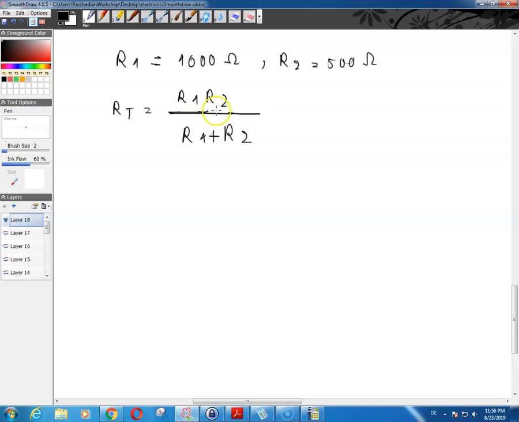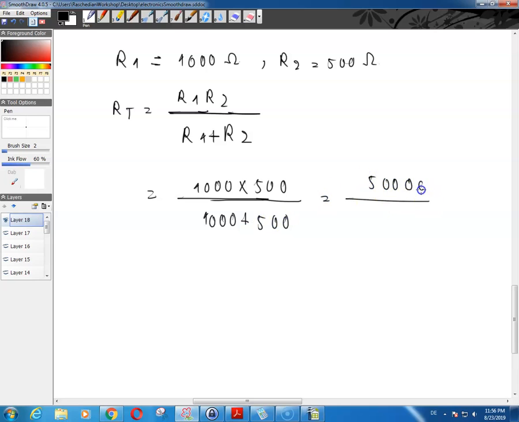Now in this case, you see these numbers are a little bit too large. If I write R1 R2 as 1000 times 500, that would be a large number with many zeros, and then you have 1000 plus 500, and you would get basically 5 with zeros over 1500.